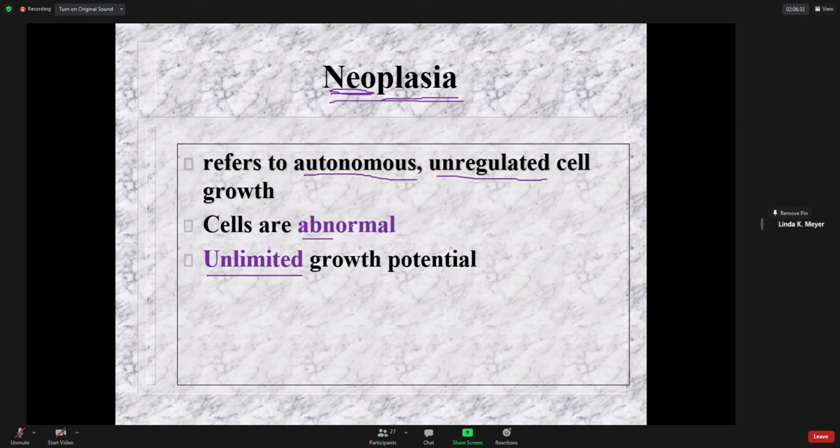In contrast to hyperplasia and even metaplasia, when we develop benign or malignant tumors, it's beyond the functional demands of our tissues. It's not an adaptive change. There's no purpose for it.